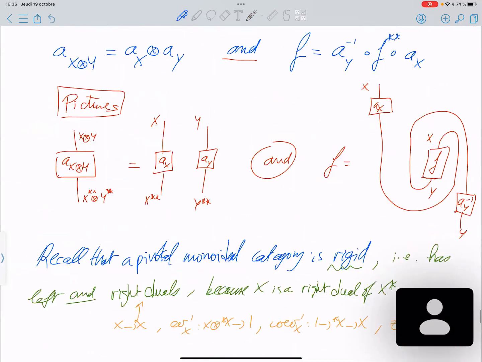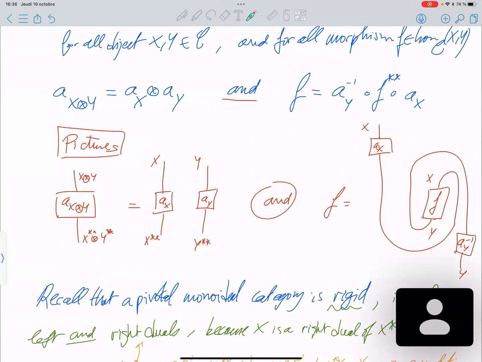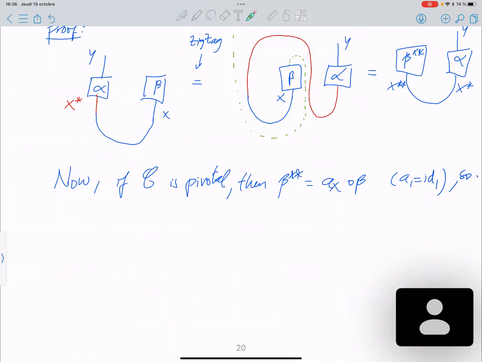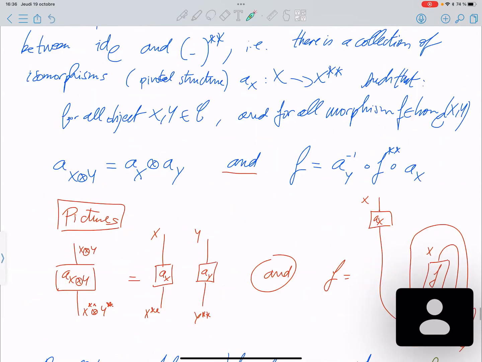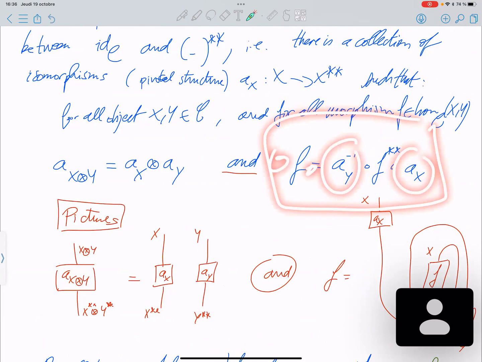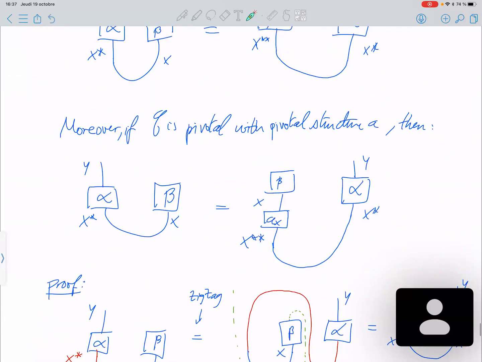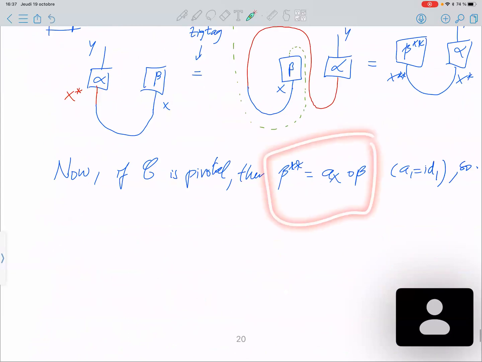Because we don't need to consider this part, here you have A1, so it's identity. You consider this equality, but you put this on the left-hand side. And then what we will have here is identity. So this is exactly that.